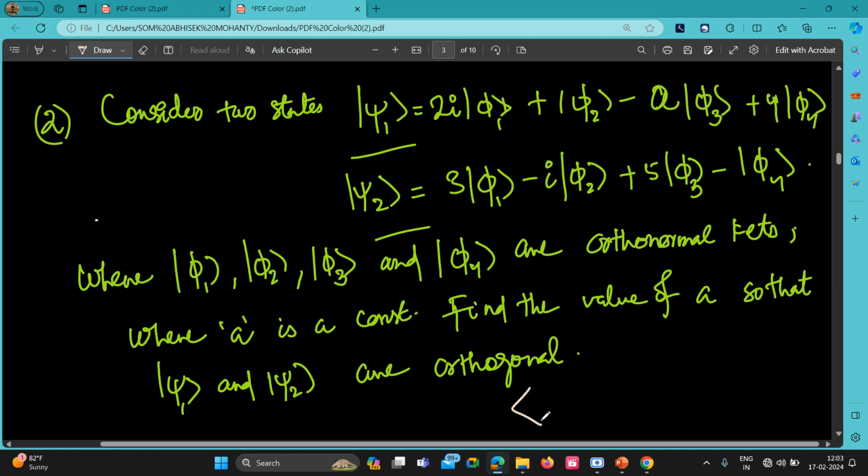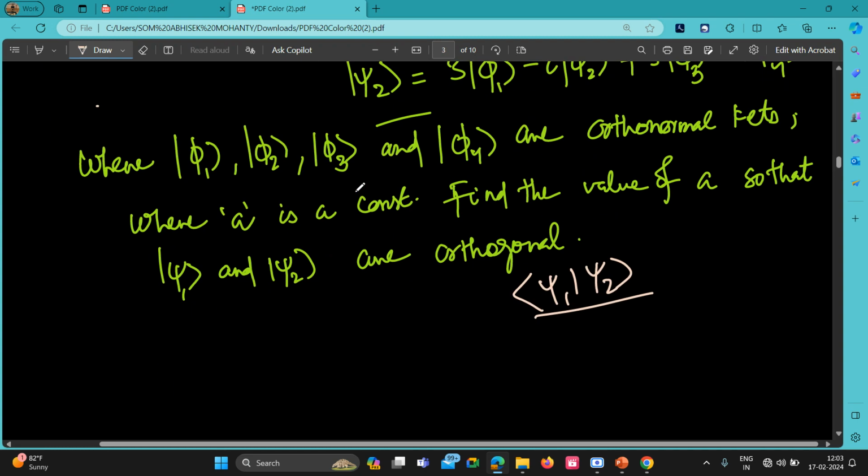That means we have to take the inner product of psi 1 with psi 2. But here ket vectors are given, so we have to find the bra vector of it.